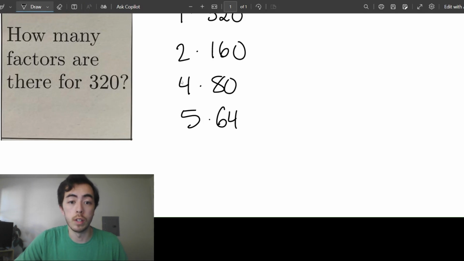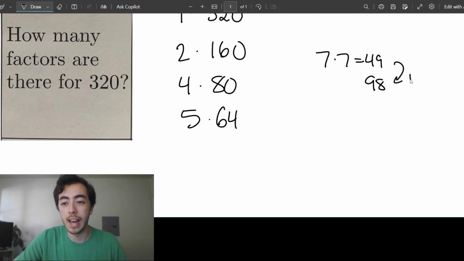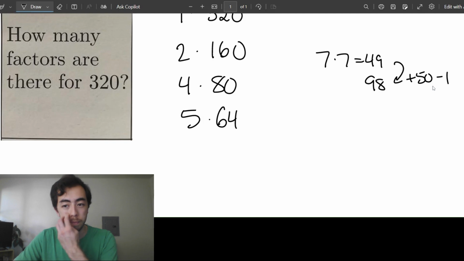6 is not going to work because 3 didn't. 7 probably won't work, but I'm not completely convinced. I know that 7 times 7 is 49, so if I count by my 49s, maybe I'll get around 320. Let's see what happens. What I'm doing is adding 50 and then subtracting 1.